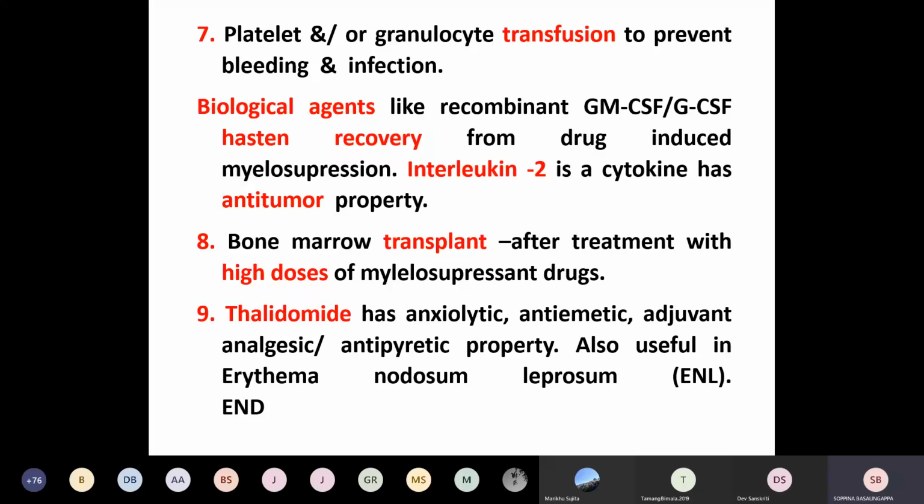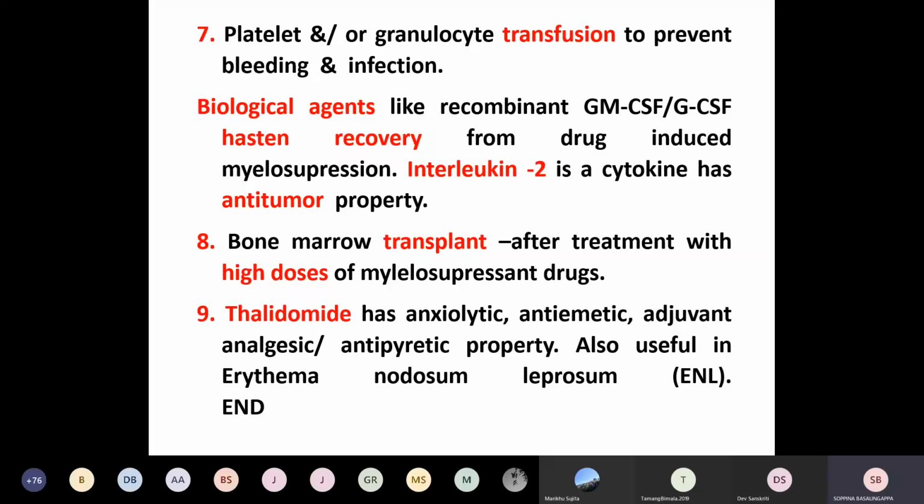The next drug is called thalidomide. Earlier it was used, and in the 1960s it was banned because of teratogenicity. It was stopped; now it has started being used again.